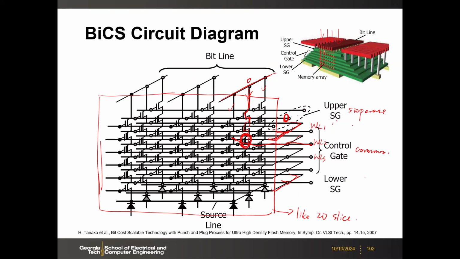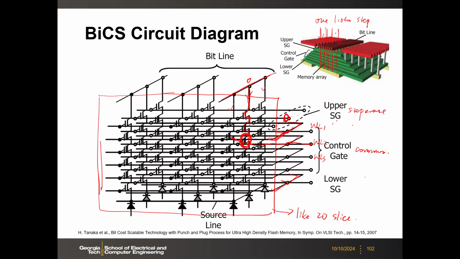You are going to fabricate many of those strings. So this is just one litho step. This is how you reduce the cost. No matter how many layers you stack, you only use one lithography step to etch the hole here to define that string.